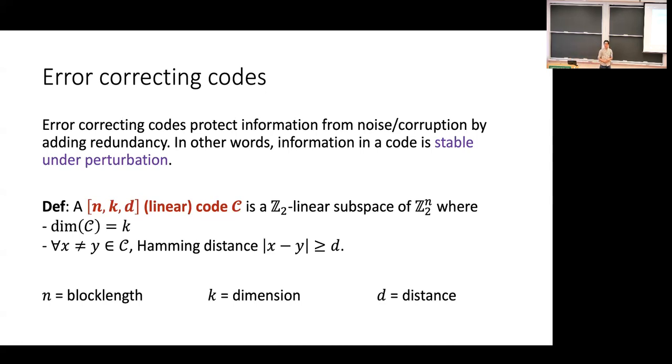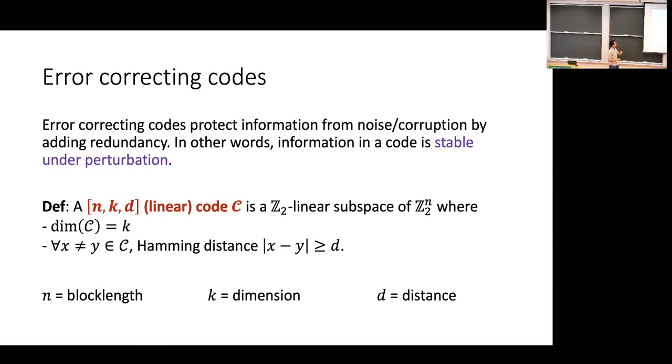So formally, what's an error correcting code? An [n, k, d] code, or linear code, but we'll always talk about linear codes. It's a Z2 linear subspace of Z2 to the n. And the subspace has dimension k.